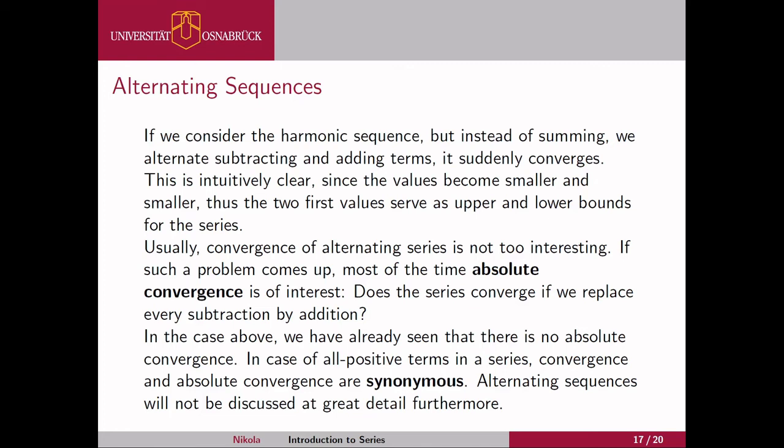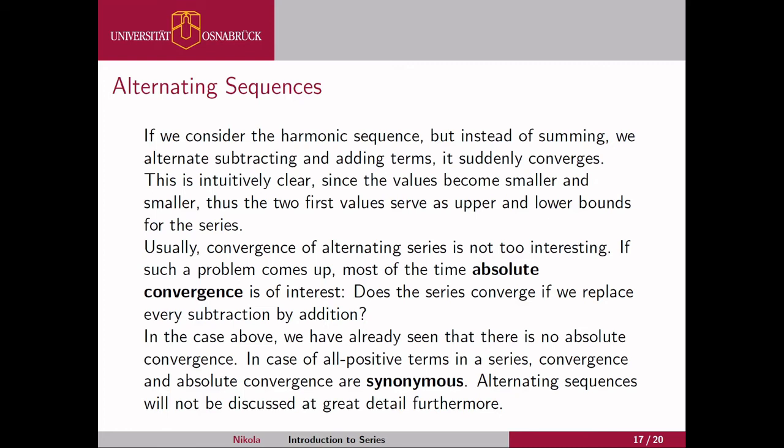For example, if you take the harmonic series and instead of adding everything, you create the alternating harmonic series, so you subtract every second term, then it immediately converges. And I guess this makes a lot of sense because you get your first term, which is 1, and then your second term, which is a half.